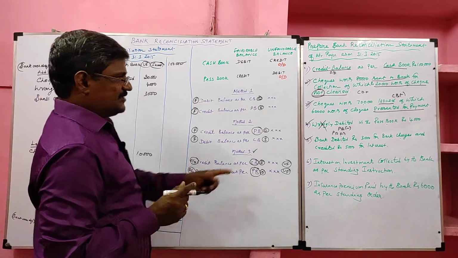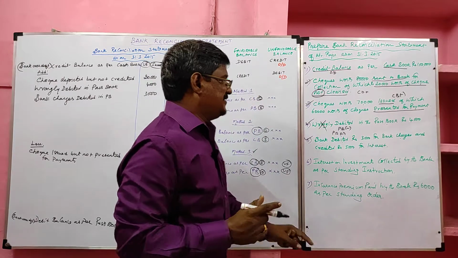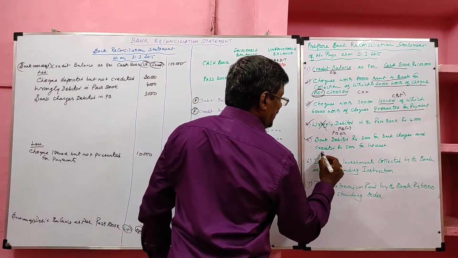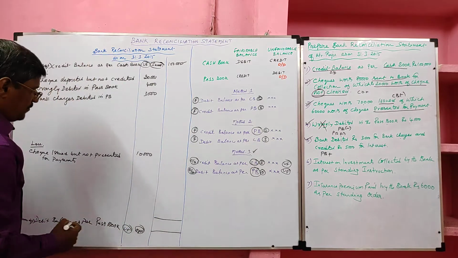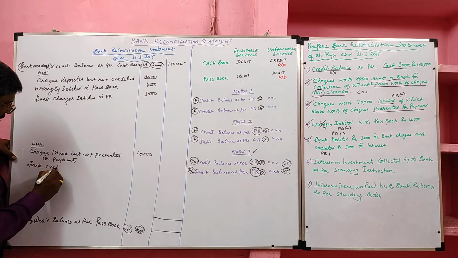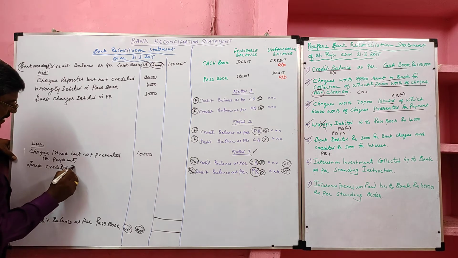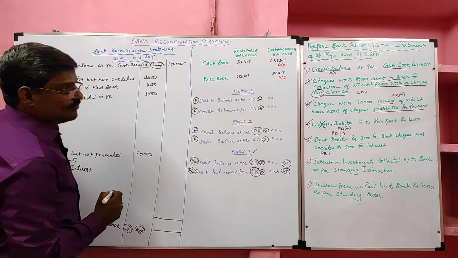In the same transaction, one more item is given, and credited 5,000 for interest. So credited, what they did in passbook, it was added. What are we supposed to do? We should give opposite. So bank credited interest, how much?